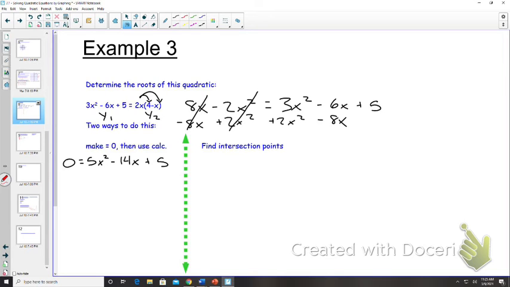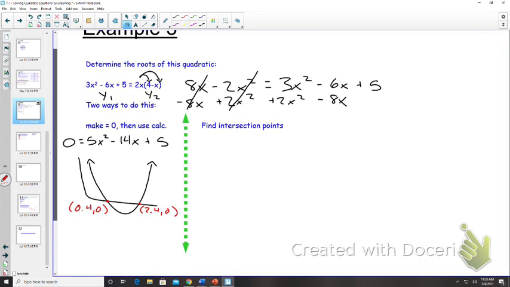If we were to graph this using our graphing calculator, which you can use today, it's going to look something like this. Happy A. And then our intercepts, I got 0.4 and 0, and 2.4 and 0.